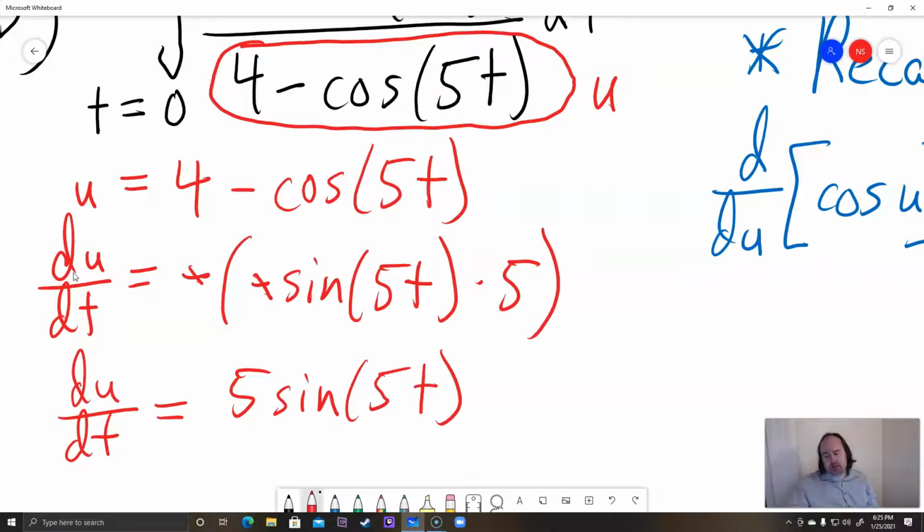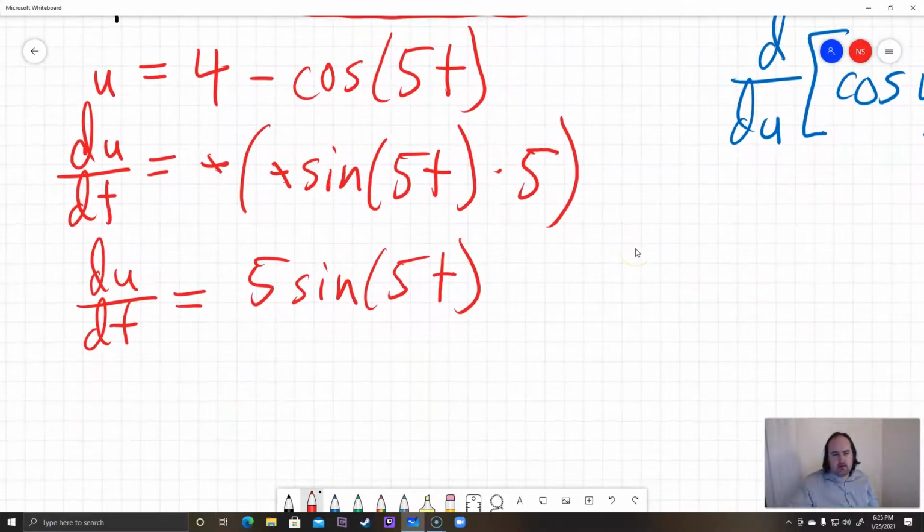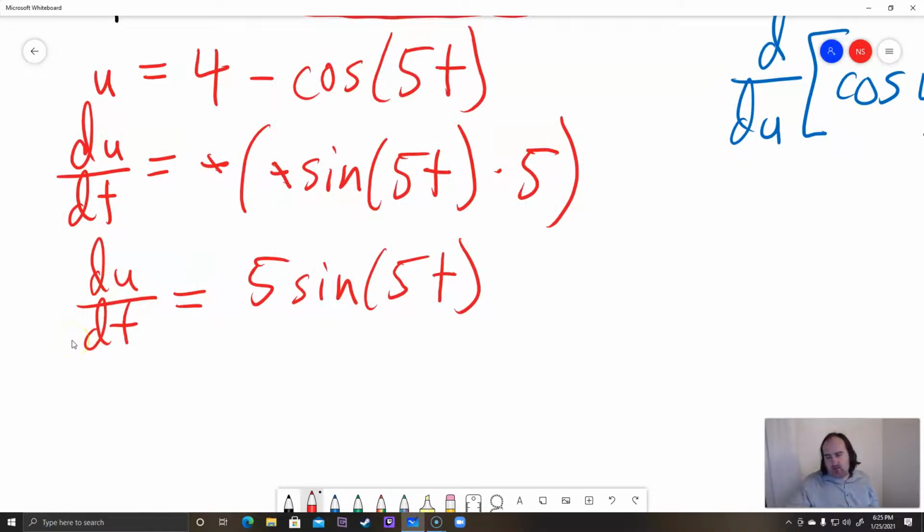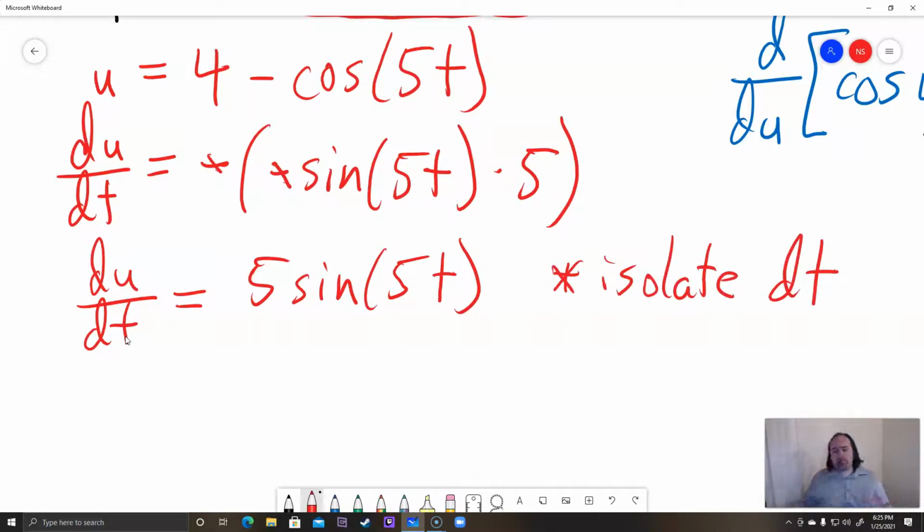Now I'm going to teach the way I usually do, which people usually find the easiest way, which is in the last problem, because the variable was y, we isolated dy. In this problem, because the variable is t, we're going to isolate dt. Okay, so isolate dt. On the last one, we isolated dy.